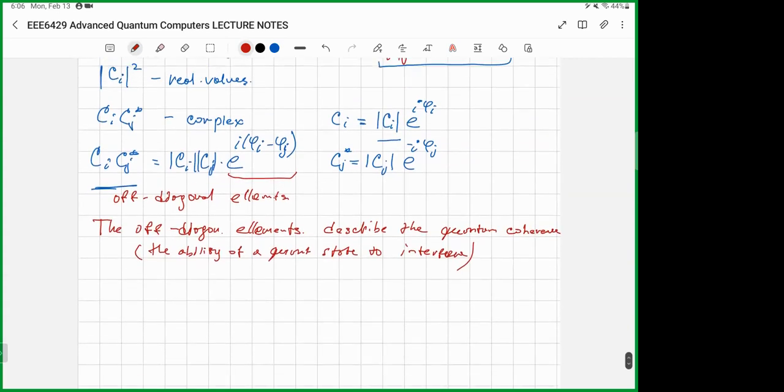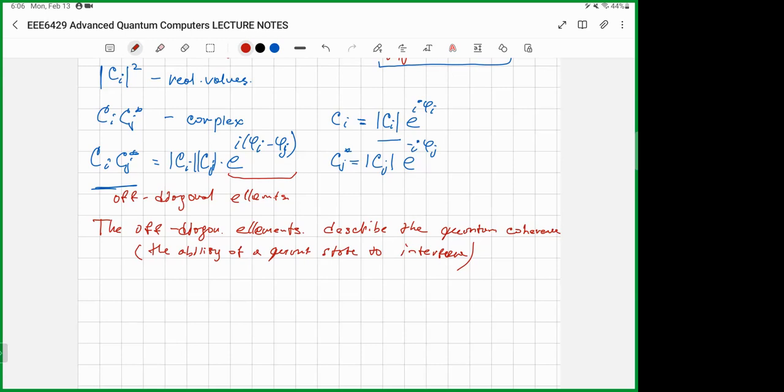So the diagonal elements of the density matrix describe these probabilities of finding the system in a corresponding state. The off-diagonal elements describe the coherence of the mutual states.